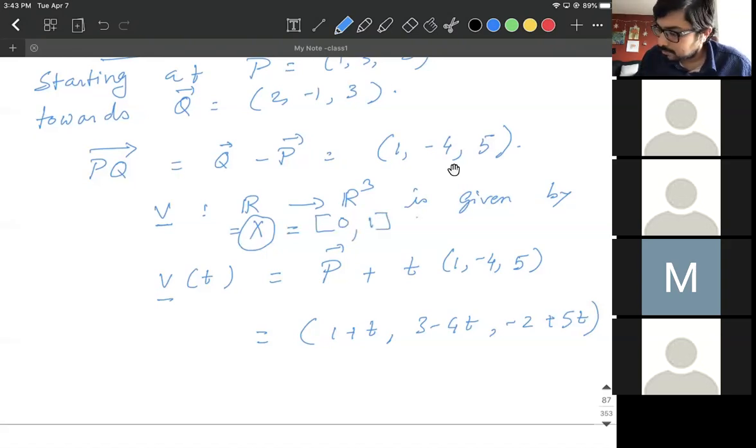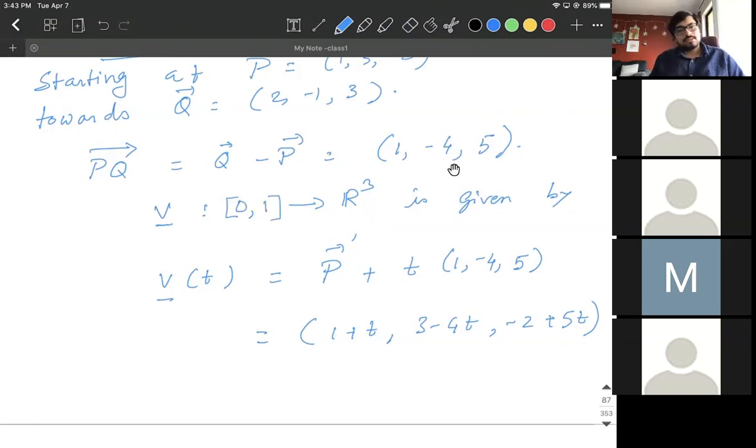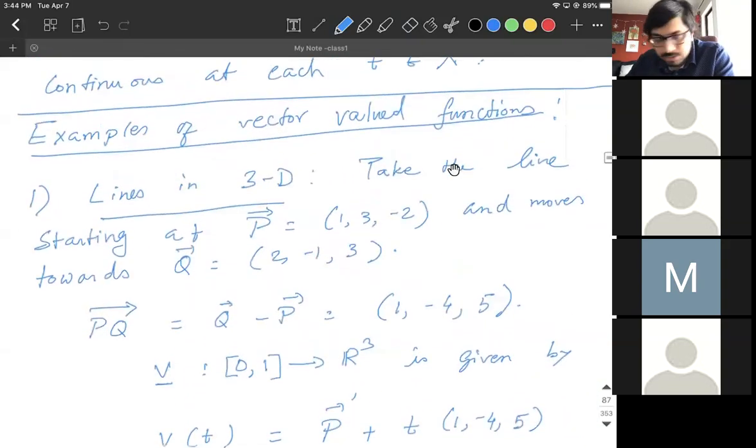This is not R anymore. You're taking this interval [0, 1] and mapping it to R3. That will give you this line starting from P and ending at Q.